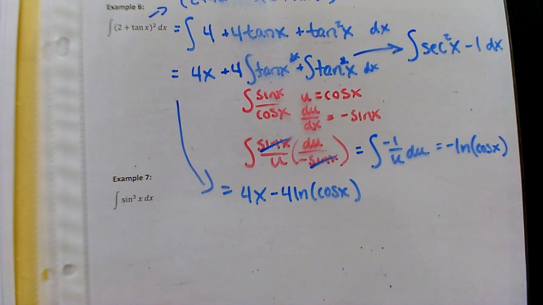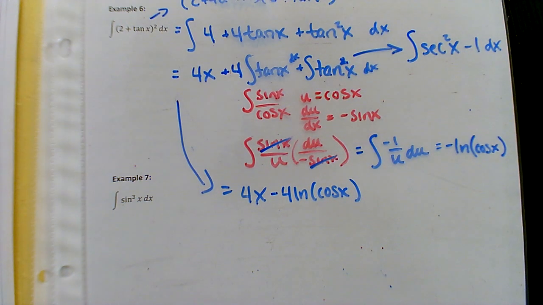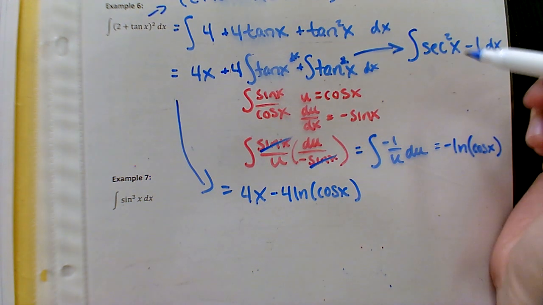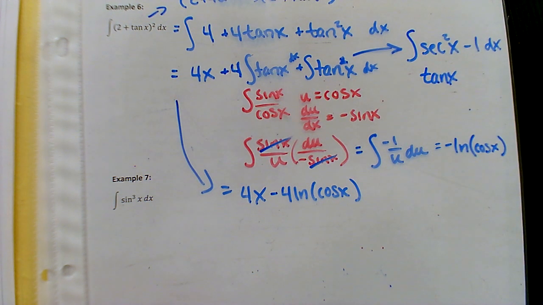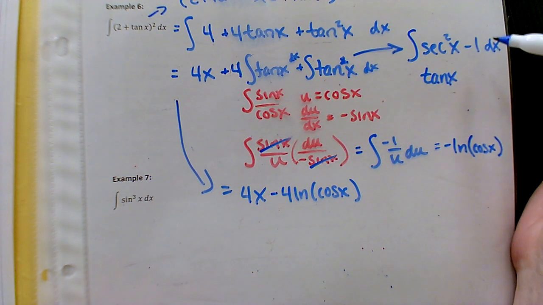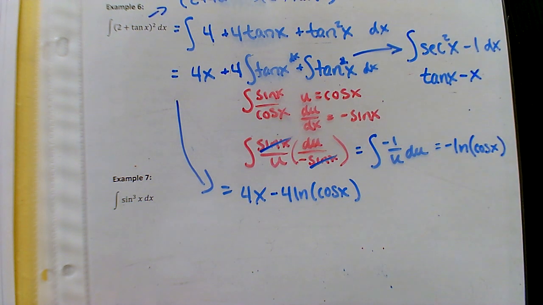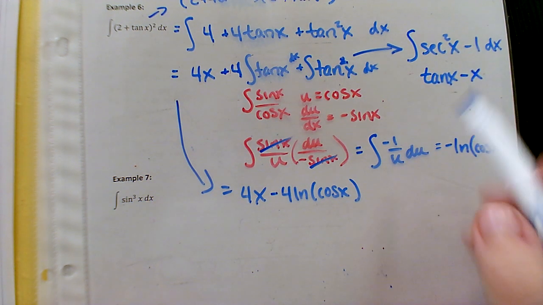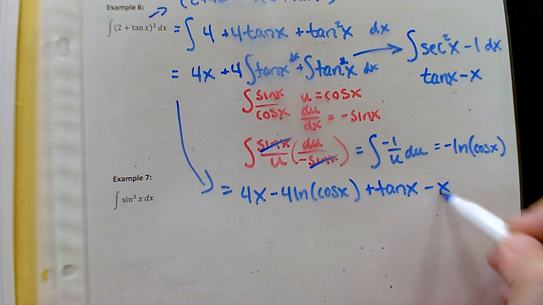So let's see if we can easily work backwards from this. What is the antiderivative of secant squared? What can you take the derivative of that would give you secant squared? Good. Tangent, yep. And then working backwards from 1 would just give us x. So we would have plus tangent x minus x.